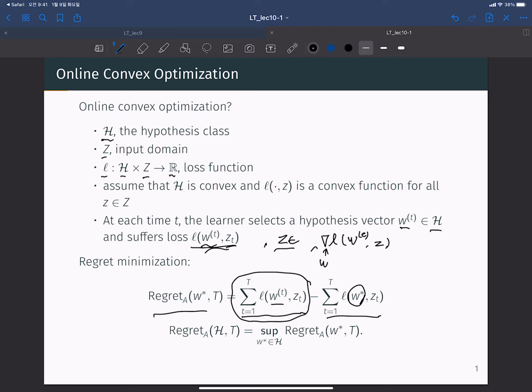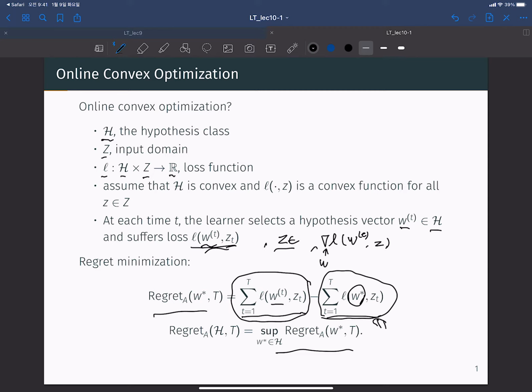And we can choose w star so that the regret is maximized when we fix the algorithm. In other words, we can find the w star that minimizes the second term, so that it maximizes this regret function.